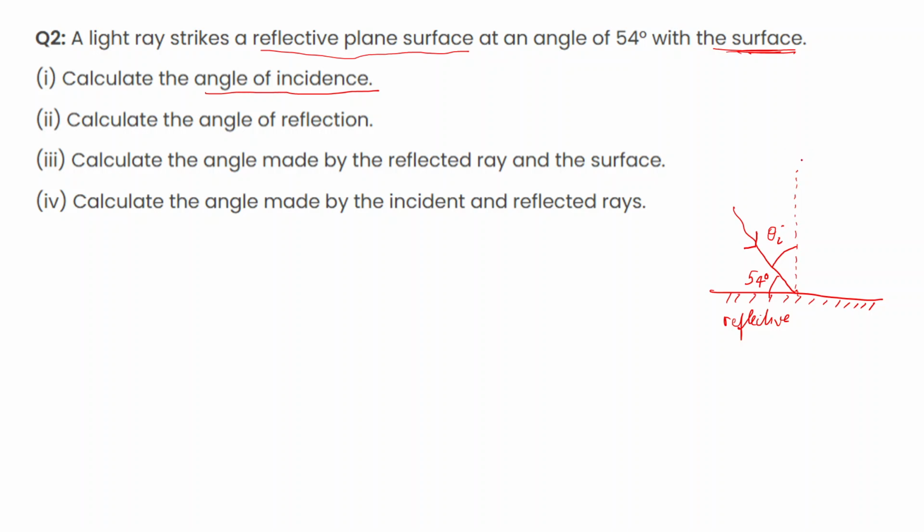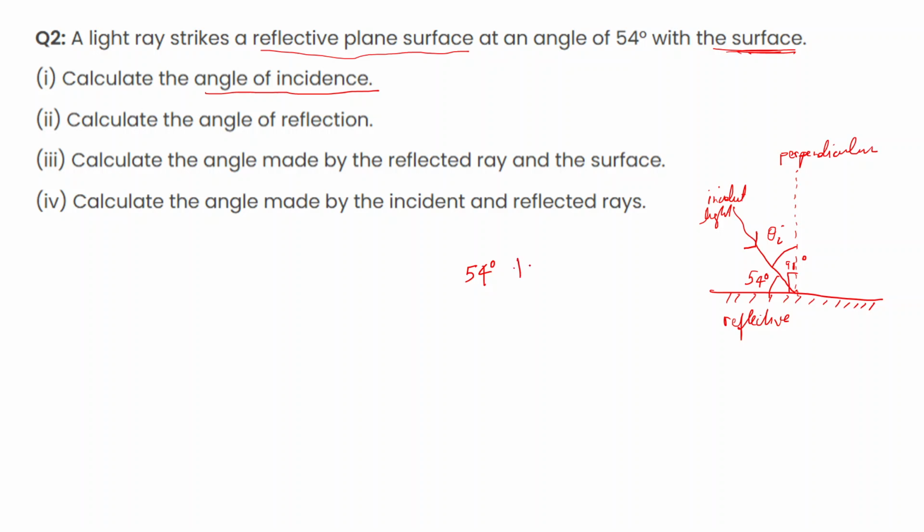Now this normal is imaginary of course, but normal means it is perpendicular to the reflecting surface. That means this angle is 90 degree. This 54 degree is the angle between the surface and the incident light.